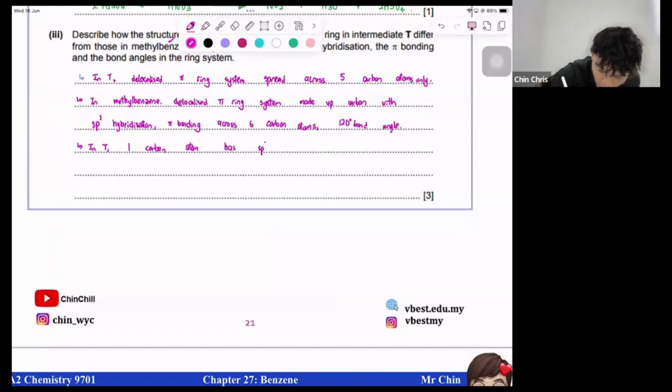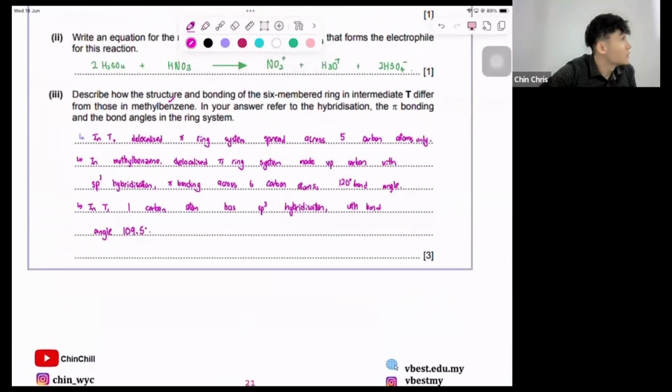It has sp3 hybridized orbital with bond angle 109.5, right? Done. Understand, guys? It's a 3 marks question, yeah. Know how to write it.